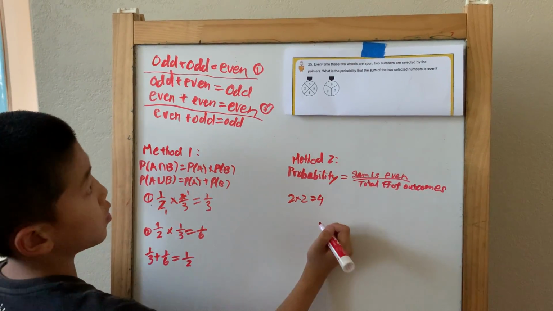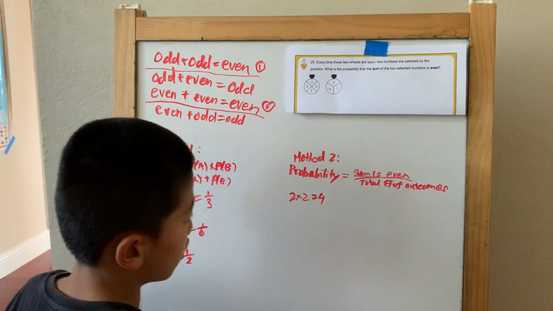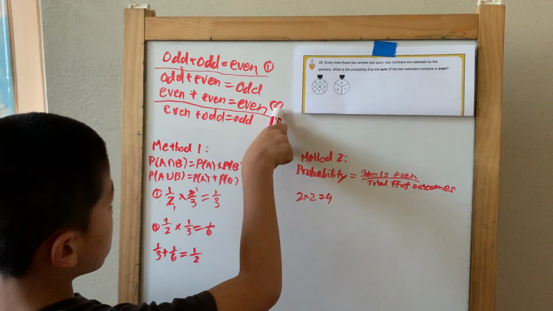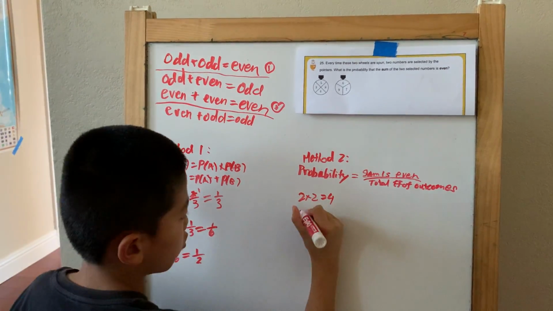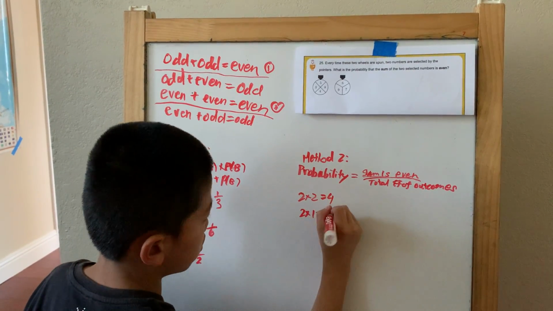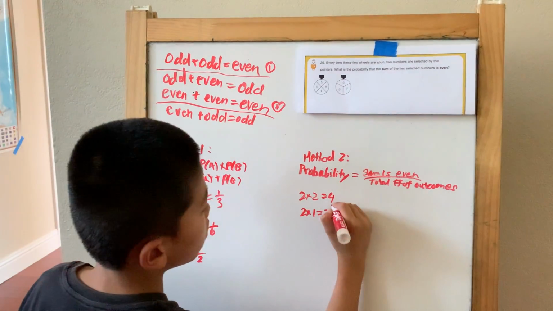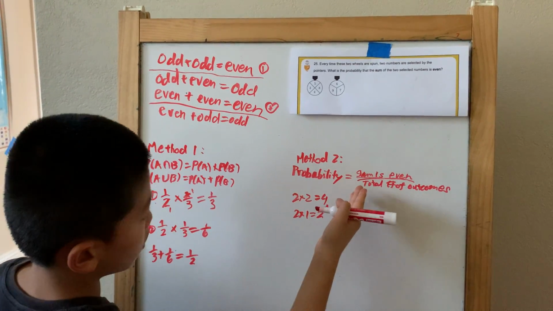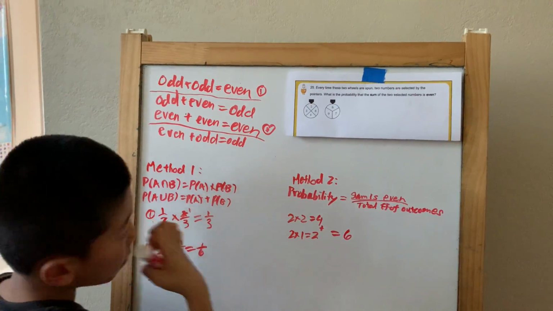Now we have even plus even. There are 2 even numbers here and 1 even number here, which means that for this case, the number is 2 times 1, which we all know is 2. Now, when we add this together, we get 6, which is the number of outcomes when the sum is even.